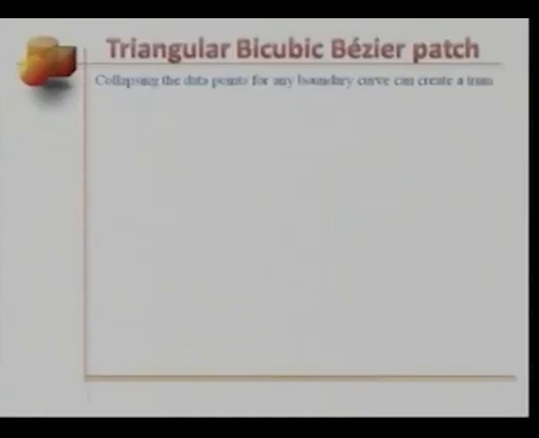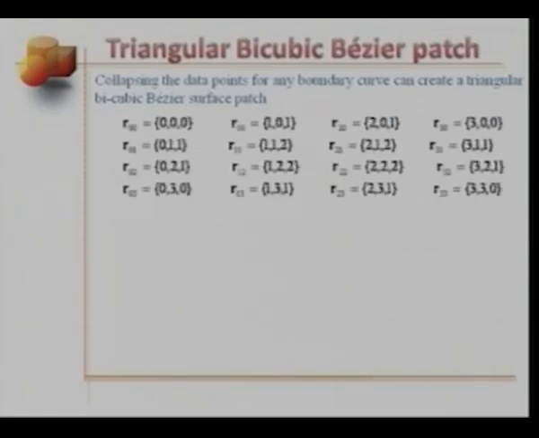How to get a triangular bicubic Bezier patch? We'll have to collapse the data points or the design points for any bounding or boundary curve to create a triangular patch. So this is the information that we had from the previous example.